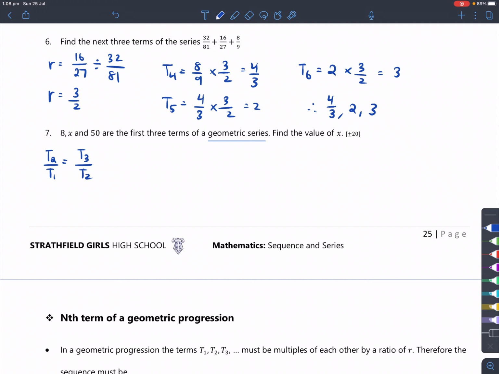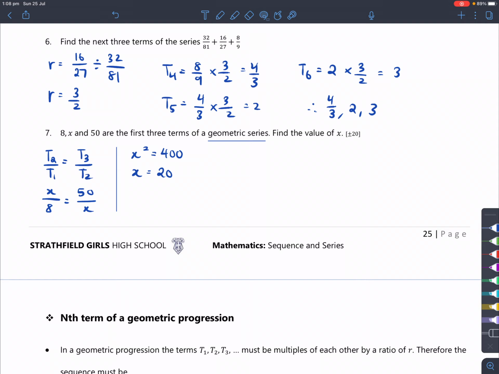So we'll get the second term, x, over the first term, which is 8, equal to term 3, which is 50, over term 2, which is x. And now we can just cross multiply, really. If we cross multiply, then x squared will give us 8 times 50, which is 400. And square rooting both sides gives us the number 20.